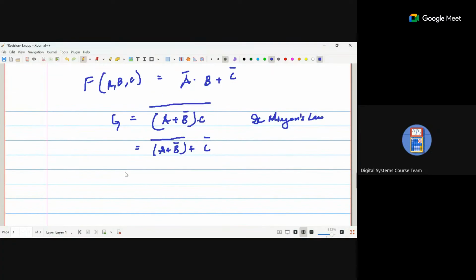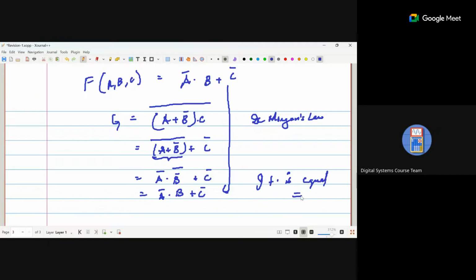And again, the same De Morgan's law for this: A bar, OR will become AND, B bar, the whole bar, plus C bar. So now it is A bar B bar, the whole bar becomes B plus C bar. Now is this equal to F? Yes, so it is equal.